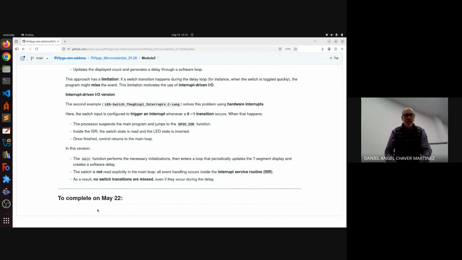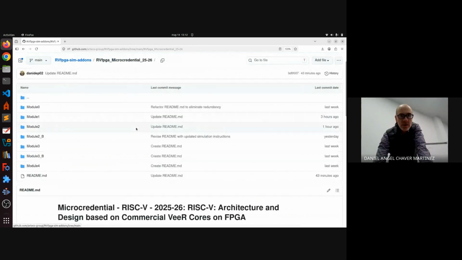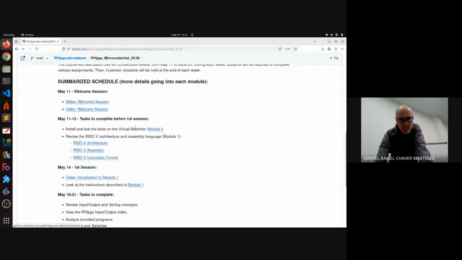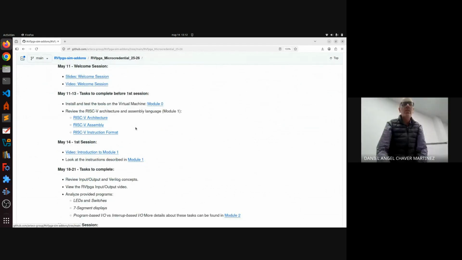Okay? This second module has two parts. This is the first part, and then the second part, which I think is maybe more interesting because this is the kind of exercises that you've probably done when studying your degree. Probably you had a board and you were asked to do some different things communicating with the peripherals.